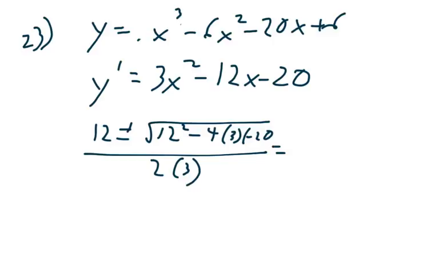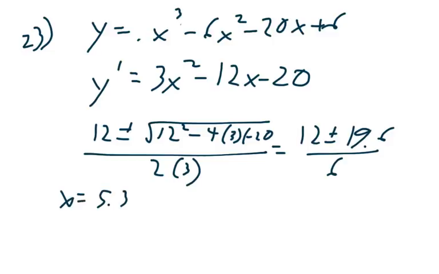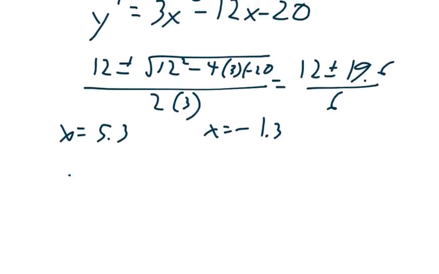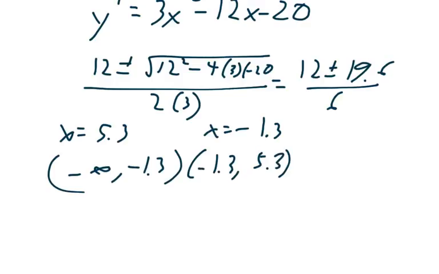So when I do the square root of all of this, I get 12 plus or minus 19.6 over 6, which gives me x equals about 5.3, and x equals about negative 1.3. So negative infinity to negative 1.3, negative 1.3 to 5.3, and 5.3 to infinity. Negative 2, 0, and 6.